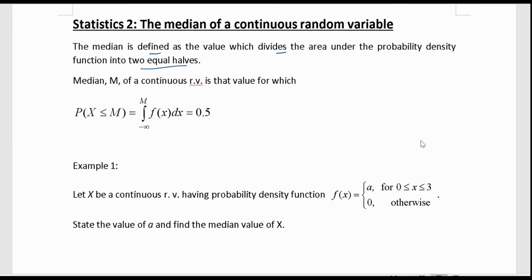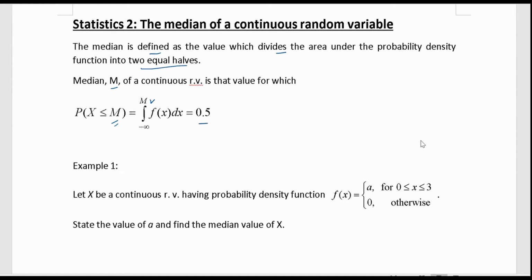Hence, the median, let's say we use capital M, of a continuous random variable is that value for which, when I find the probability that X is less than or equal to M, the median, meaning I'm going to integrate the PDF from the lowest limit until the median, the probability must be equal to 0.5.